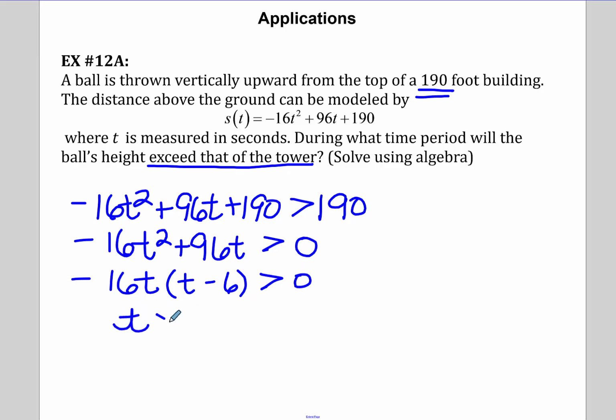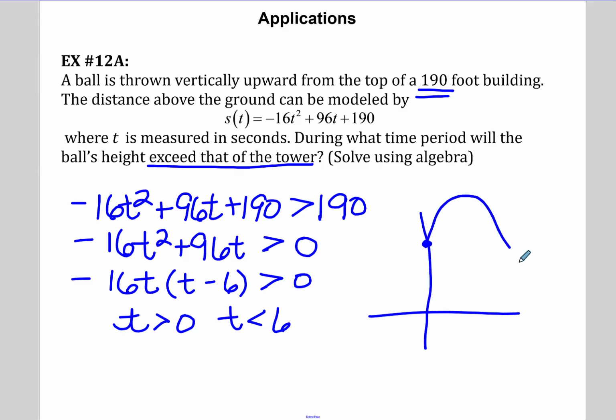So t could be bigger than 0, or actually in this case, it's going to be less than 6, because if you know the path of vertical motion, if we start up here at 190 and you throw a ball and it goes up, then the ball crosses at 6 and at 0.